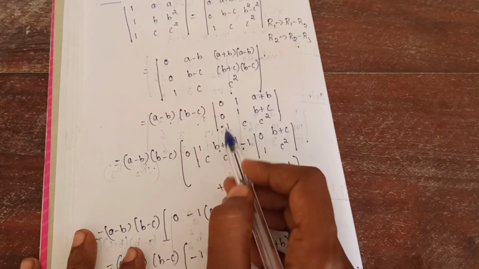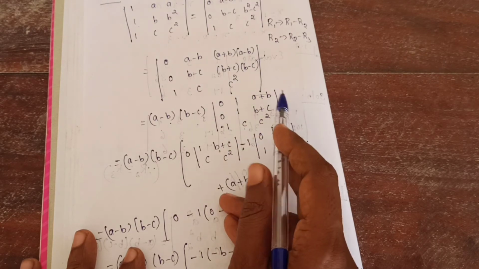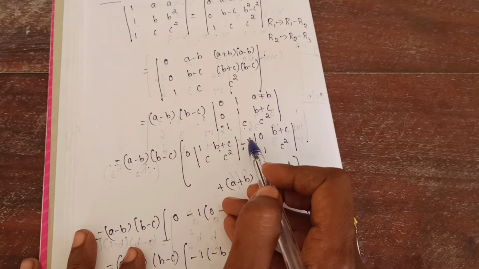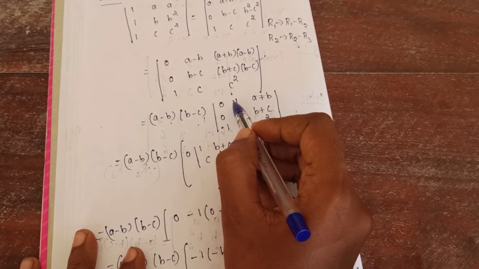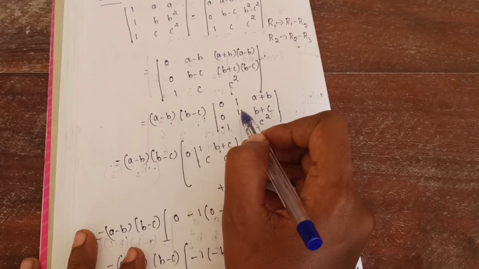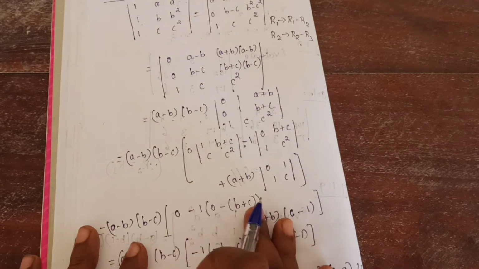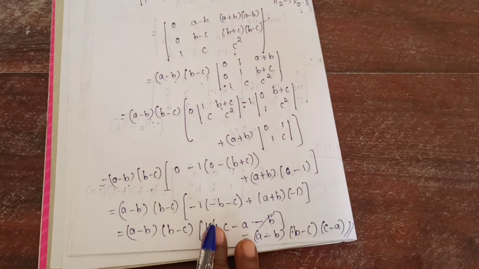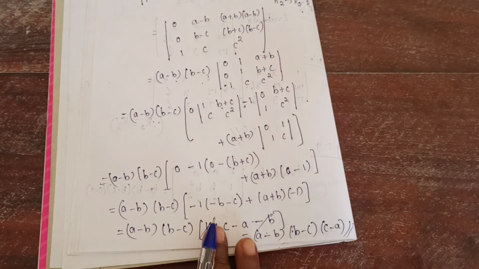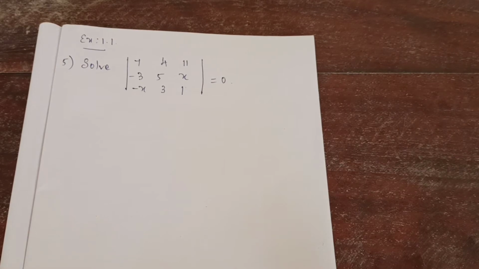That is, 0 into this, and this will give 1, c, b plus c square. The next term means minus. Always keep it in mind, this is plus, minus, plus, again minus, plus, like that alternately it will come. Then find the determinant value and simplify carefully, you will get the answer. Very, very important question. Understand?